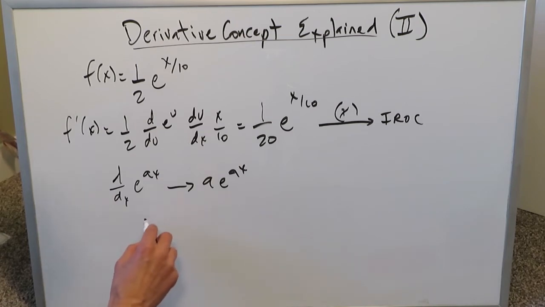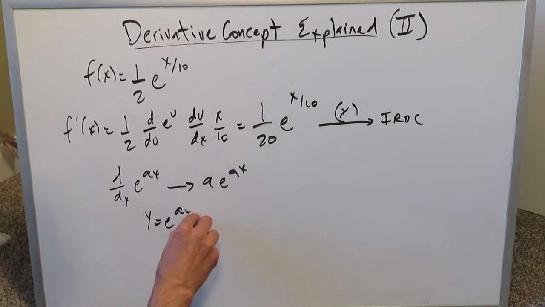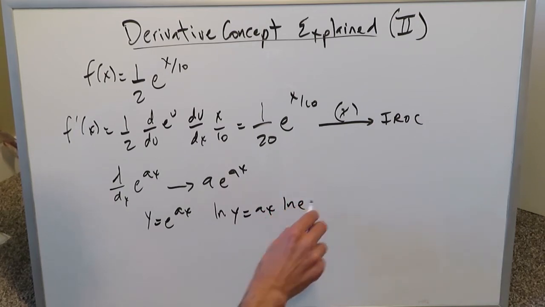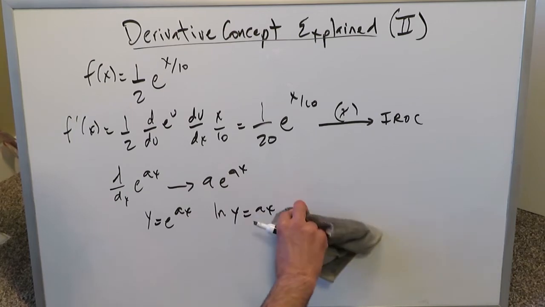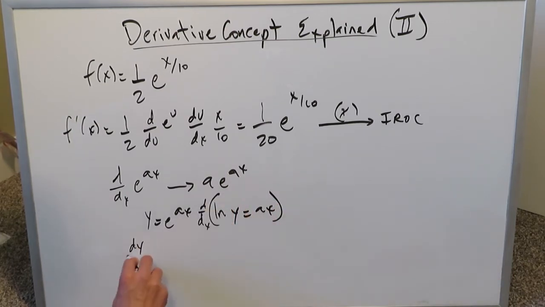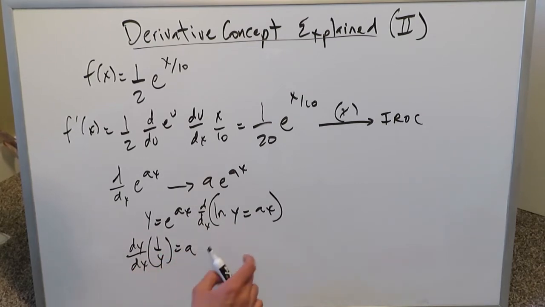Let's quickly do it. If y is equal to e to the ax, you can bring in the natural logs and take your equation as ln y equals ax, since ln e is just equal to 1. Now you can do implicit differentiation. When you do that, you'll have dy dx times 1 over y is equal to a. The derivative of x is just 1, so it disappears.